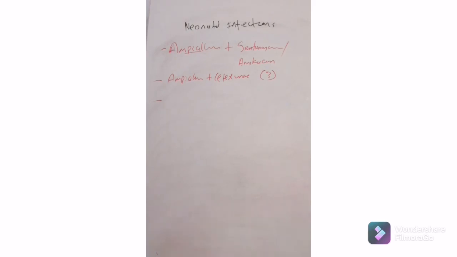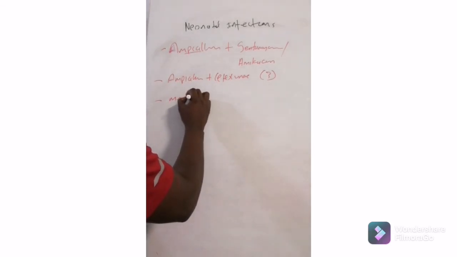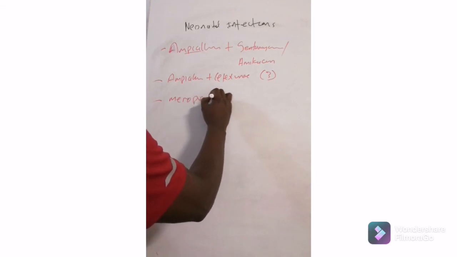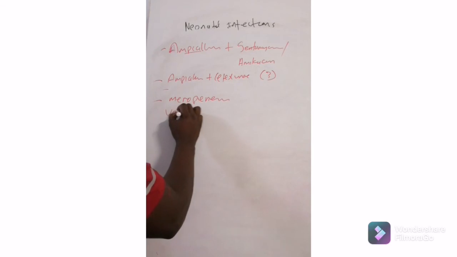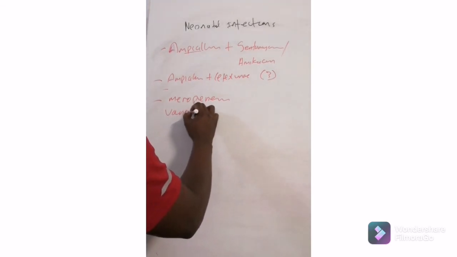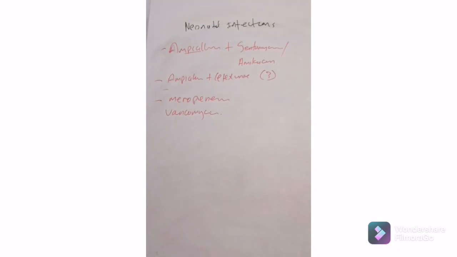And now, these are like your first line. Then if there are indications, you can go to meropenem, like a second line, vancomycin. Obviously your seniors will tell you, and also look at the literature.